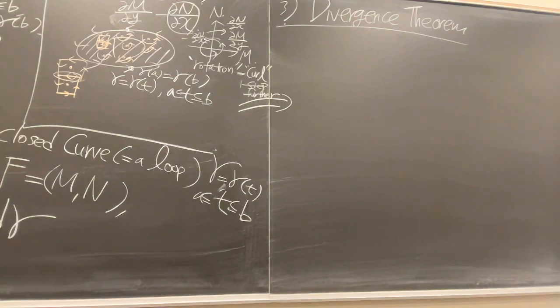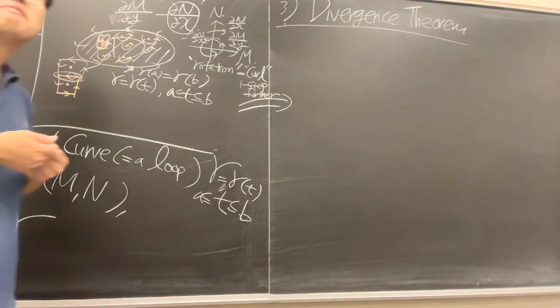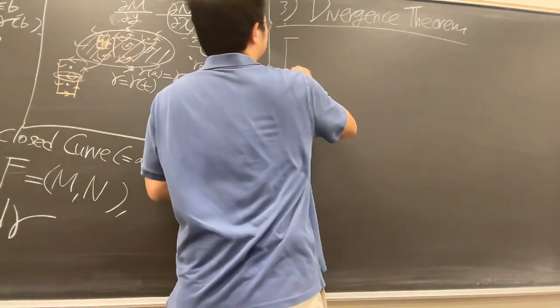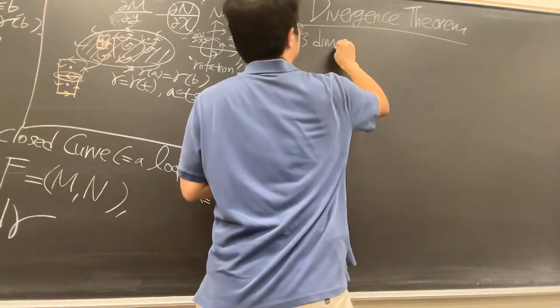One-dimensional curve, zero-dimensional boundary. Two-dimensional surface whose boundary is a one-dimensional loop. What should be the next step? Two-dimensional boundary whose interior is a three-dimensional object. That's the next step. So now you have three dimensions.